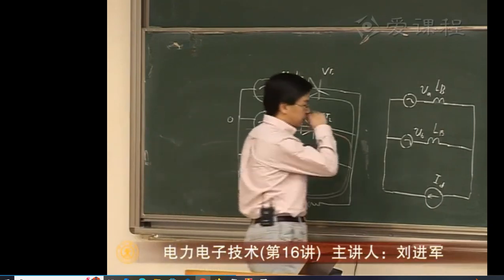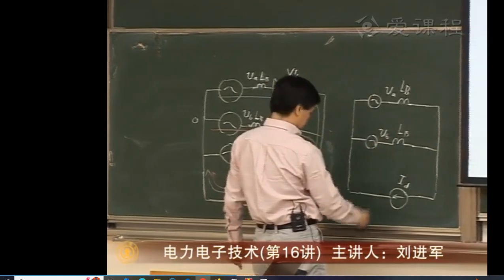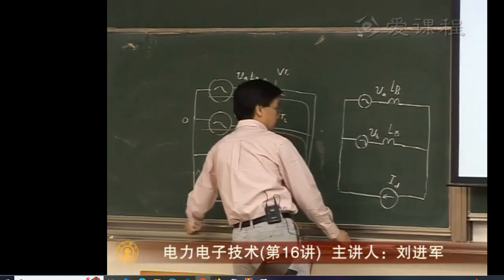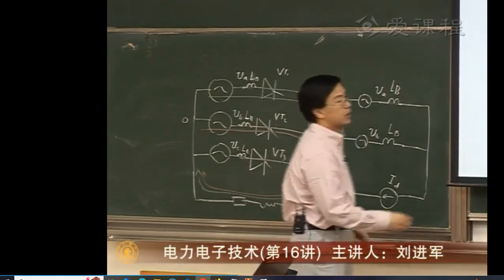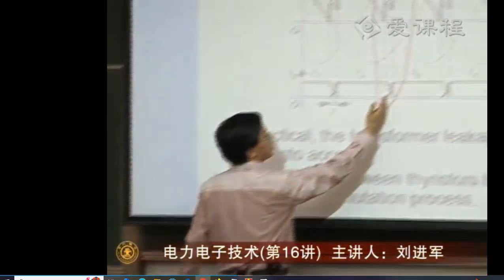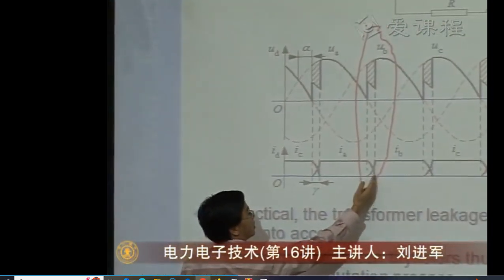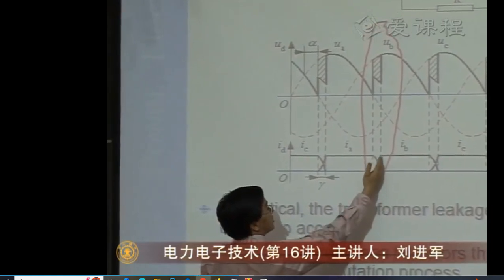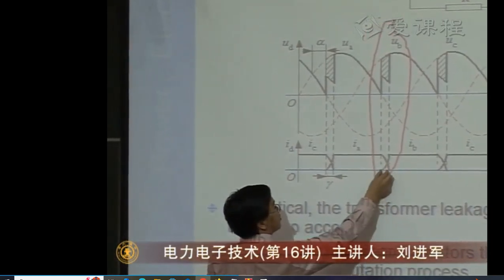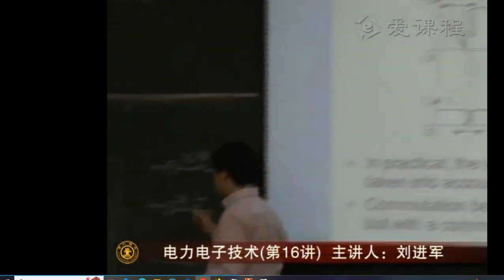Then I assume that between these 2 points, when you trigger VT2, and after this commutation is over, this is the equivalent circuit.